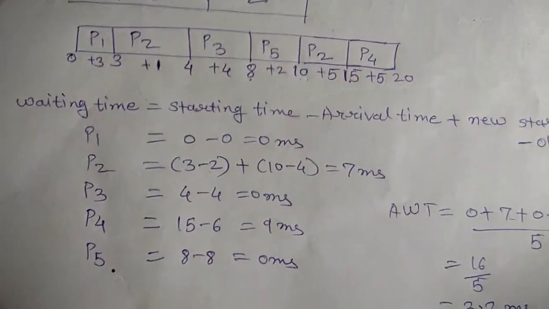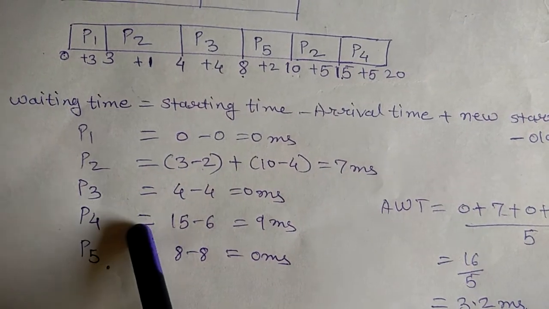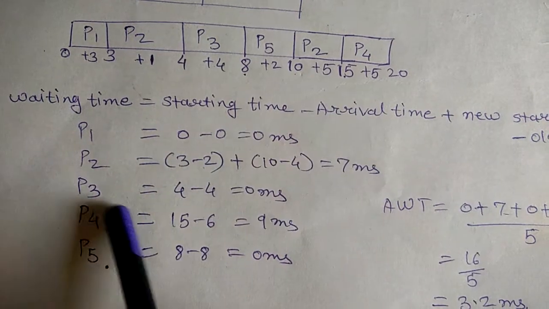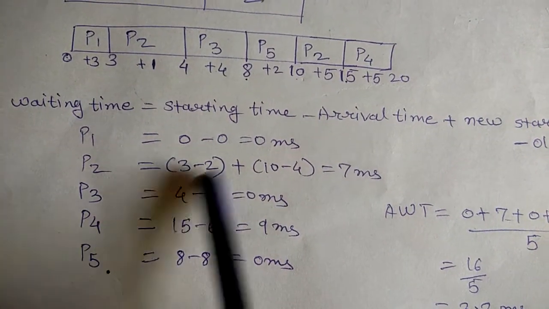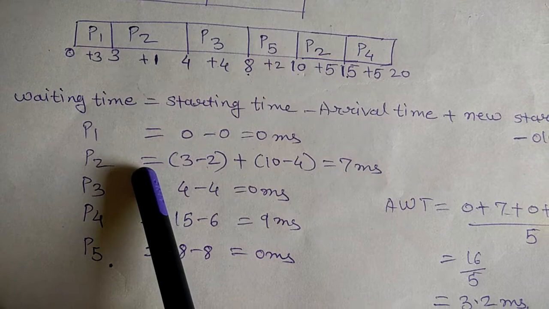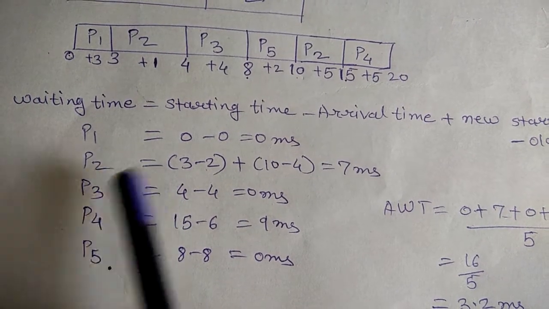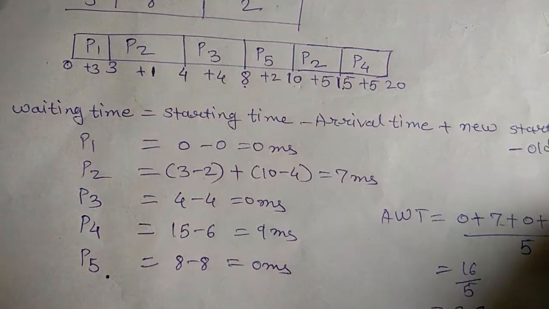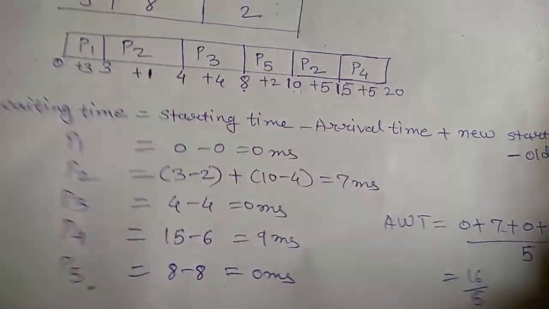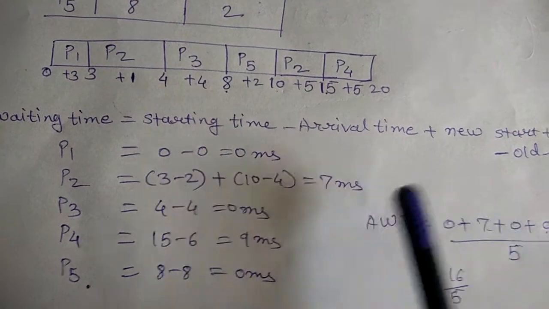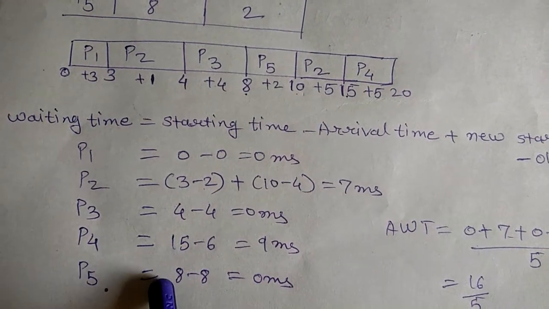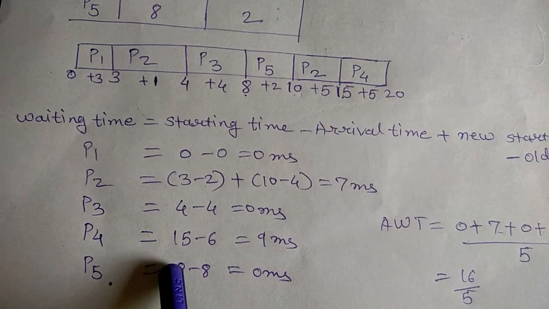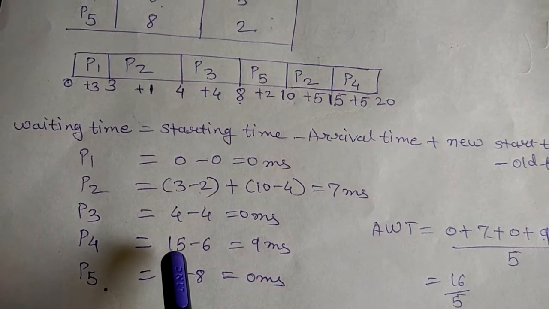In the same way we are going to calculate for P3, P4 and P5. For these we don't have to use this formula. We are going to use the usual formula, that is start time minus arrival time. We don't have to use the new start time and the old finish time, because P3, P4 and P5 haven't vacated their place for other processes and didn't restart.